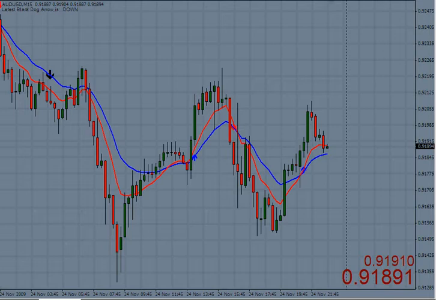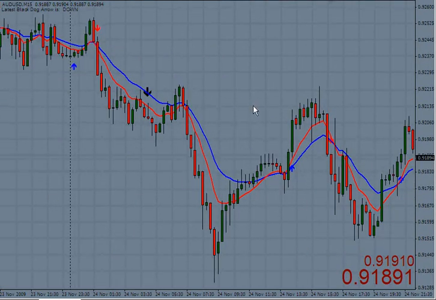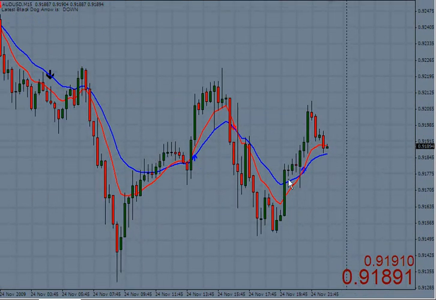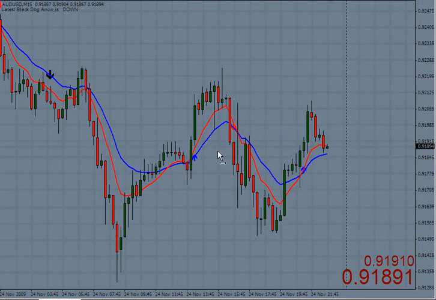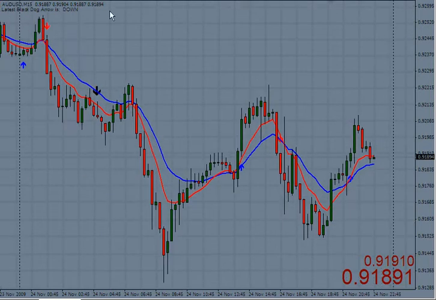So yesterday for the AUD USD pair, the high and the low. Well, the low, as you can see, this is the 24th. Sorry, it's the 24th. So yesterday the low was at 0.9140 and the high was at 0.9338.